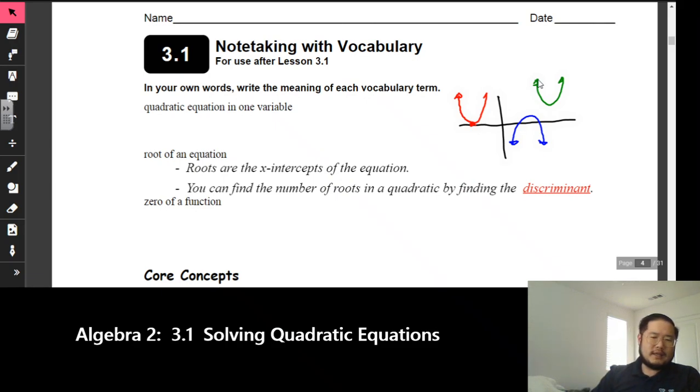So if you plug in your b, a, and c into that part of the quadratic formula, if it's positive, then you have two real roots. Remember, if it's negative, then that means you have no real roots. Or if it's 0, then you have yourself one root. So that is a little basics, kind of reviewing the root of an equation right there.